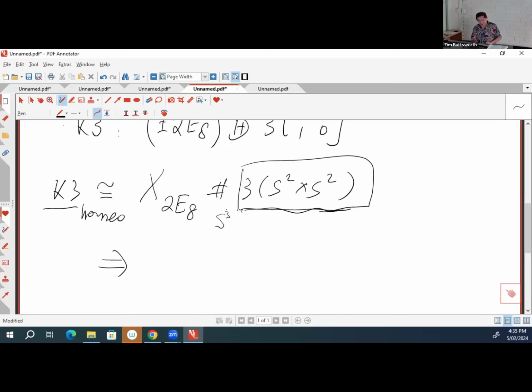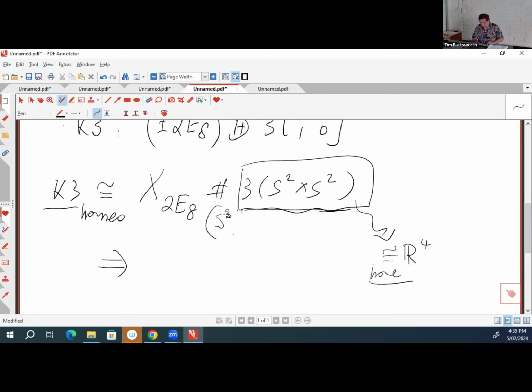There is another way: you can remove these 3 copies of S2 cross S2, so that you get a topologically homeomorphic R4, by removing certain 3 surgery, filling in this.